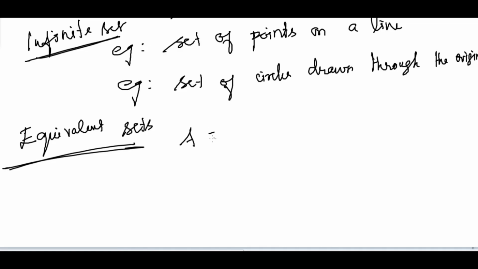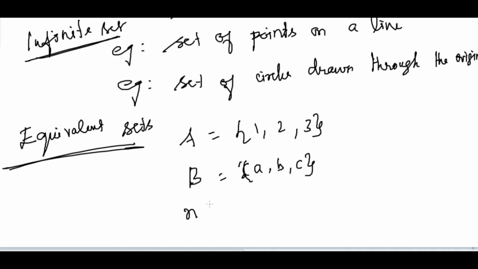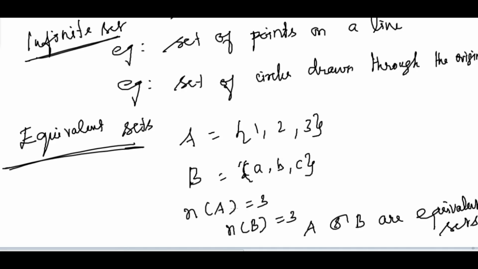If you consider A is equal to {1, 2, 3} and B is equal to {a, b, c}, here n of A is equal to 3 and n of B is also equal to 3. So A and B are equivalent sets. Whatever the elements are, if the number of elements is the same, then the sets are equivalent sets.